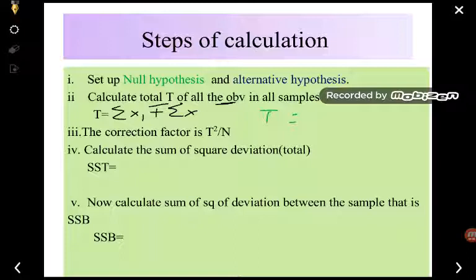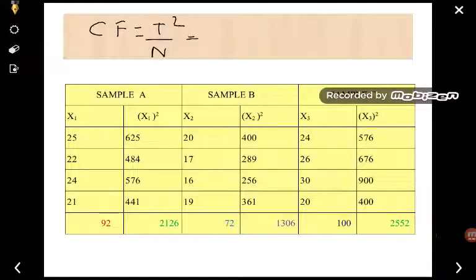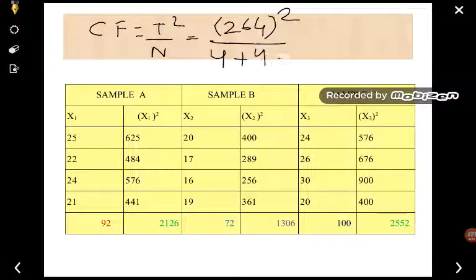Now the next step is the correction factor, which can be calculated by the formula T square by N. T we have calculated as 264, so it is 264 square divided by N. N is the total number of observations: 4 in sample 1, 4 in sample 2 and 4 in sample 3, so N equals 12.